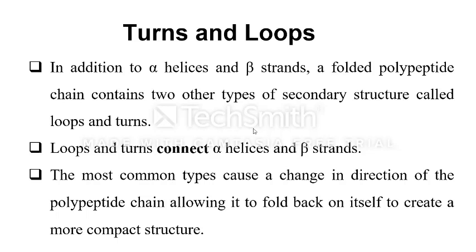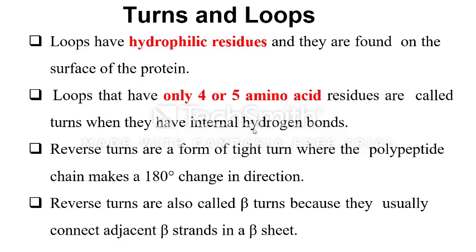The most common types cause a change in direction of the polypeptide chain, allowing it to fold back on itself to create a more compact structure, right? So these loops and turns are basically used to make the structure more complex or compact. Loops have hydrophilic residues and they are found on the surface of the proteins.